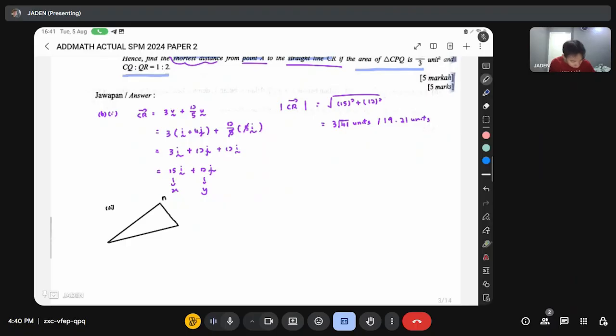The shortest distance from A to CR will be this line, and it forms a 90 degree. Maybe this is not perpendicular enough. Let me just draw it this way.